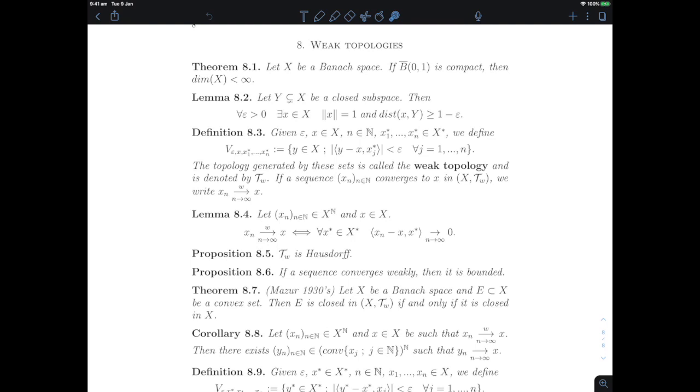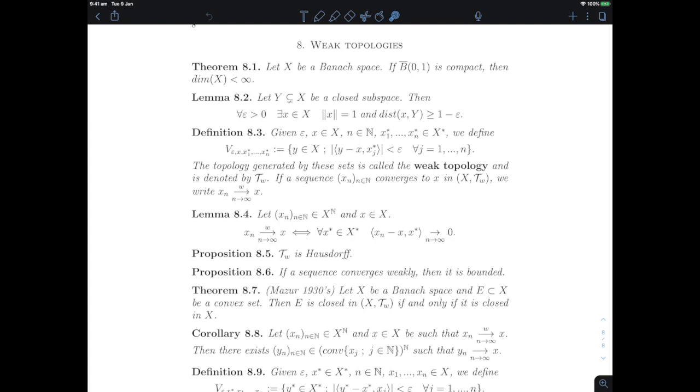The first thing we're going to prove before that is really what it means for a sequence to converge weakly, and that's probably simpler to understand than thinking about the topology generated by these open sets: this sequential characterization. Its description of the sequential convergence is just like that.